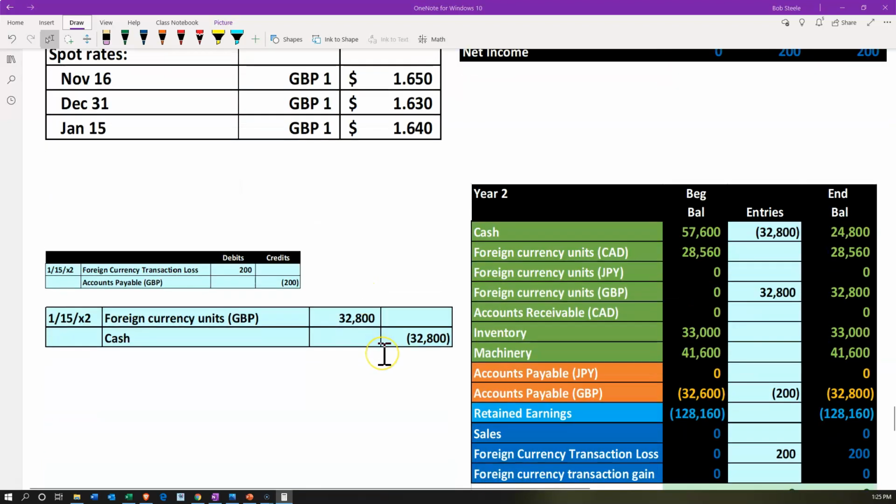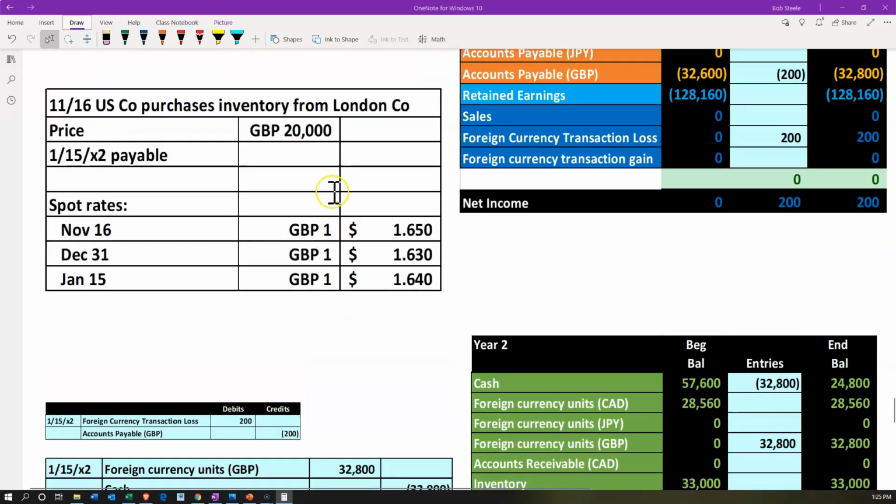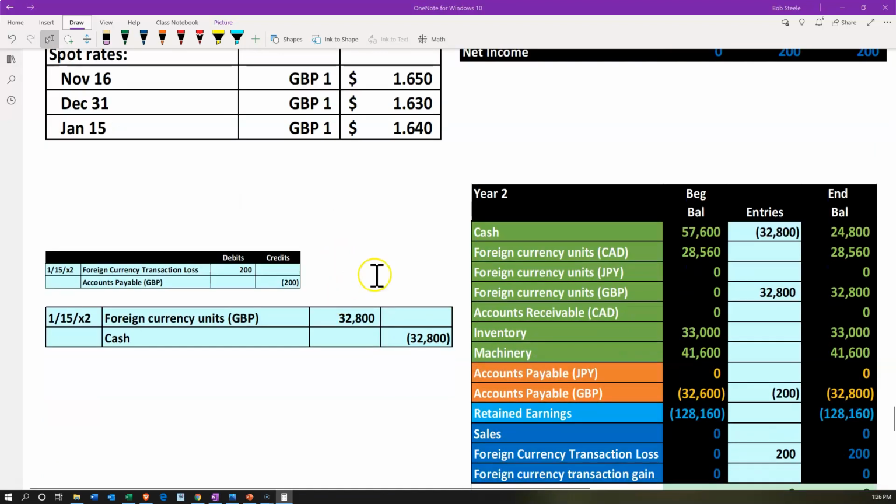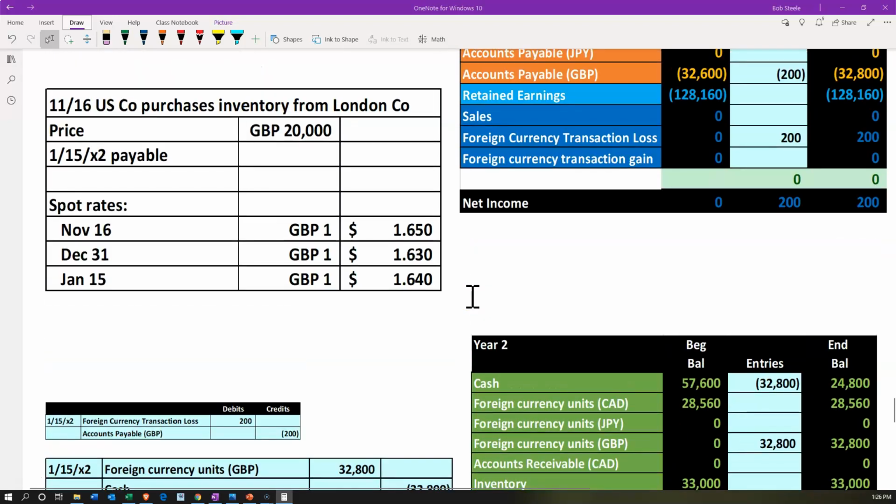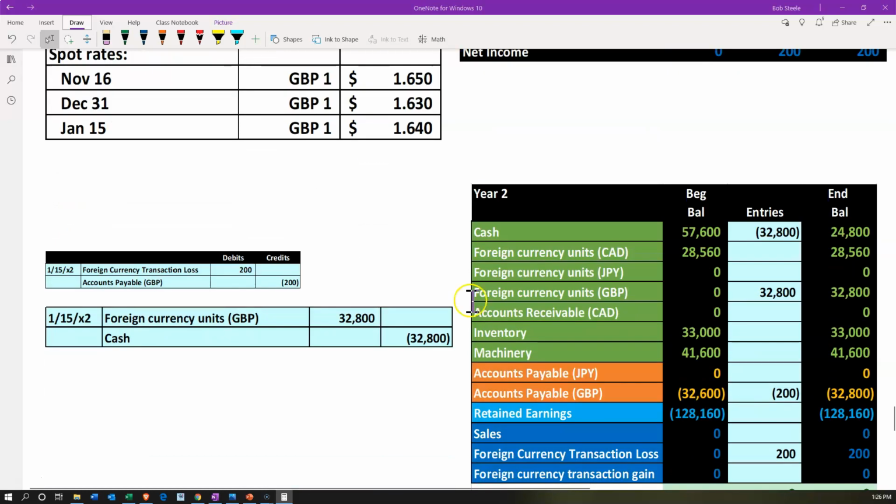We're giving up $32,800 cash in order to get foreign currency units, which are 20,000 pounds, which we're going to record on our books as basically an asset, just like any other asset, but we're going to measure it in US dollars.